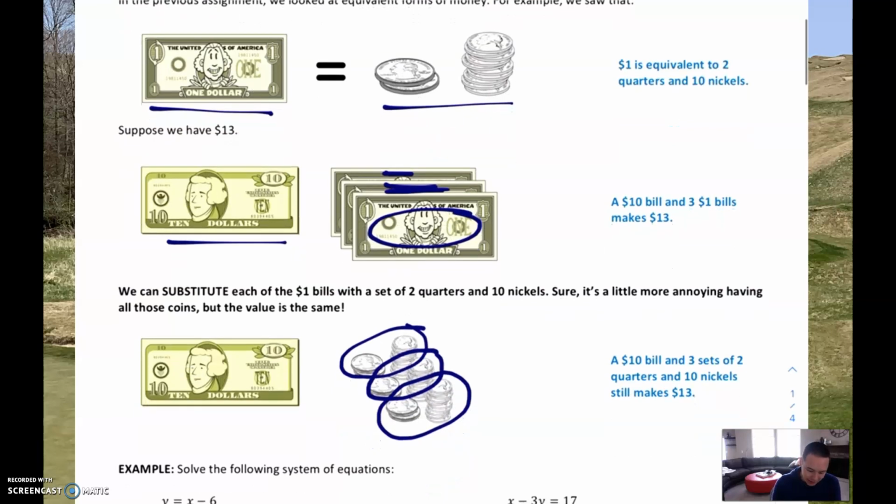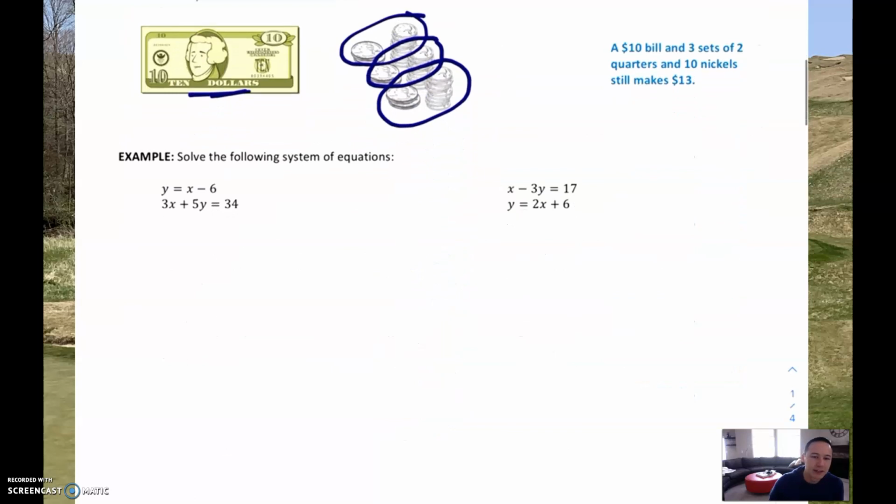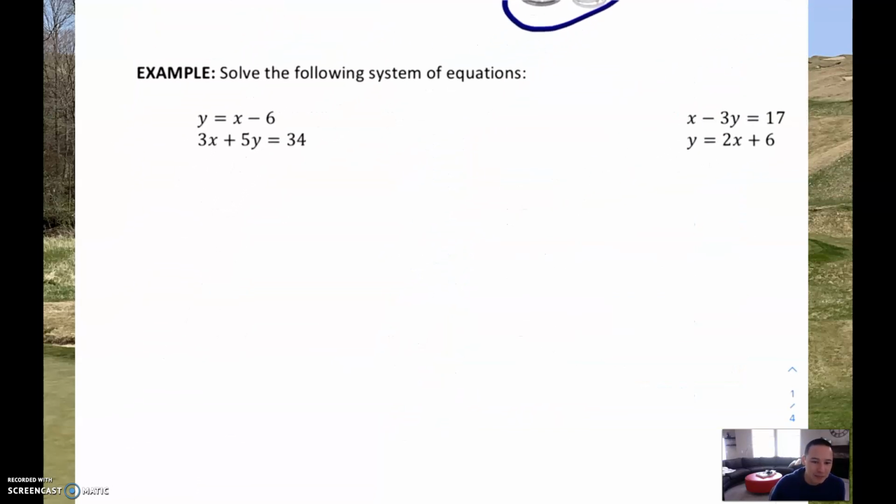You would still have $13. We take the original 10 plus 3 messy sets of coins. You still have $13. We're going to take that same approach and that same logic to solving a system of equations. So let's go ahead and look at the first set of examples.